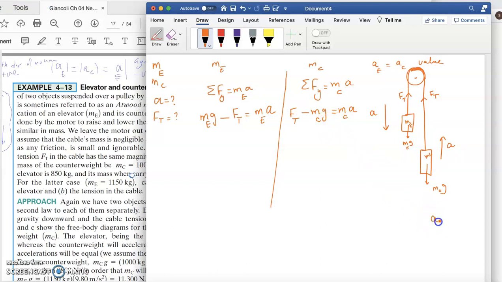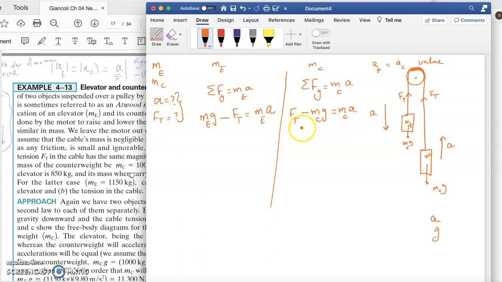Make sure A and G are different from each other. The A is the right side of the equation in Newton's second law. So now we have two equations with how many unknowns? Two equations with two unknowns, because A is the same for both objects and FT is the same for both objects. We have to solve for them.